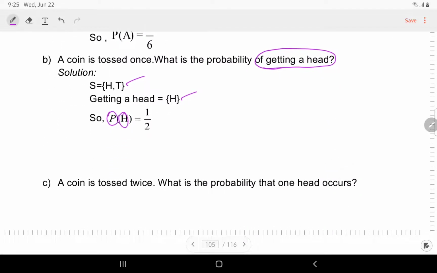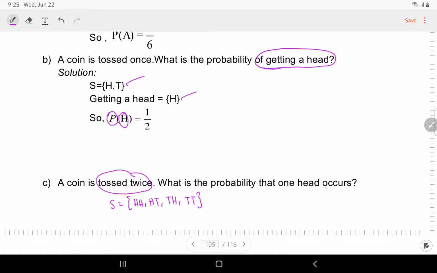Okay, next. A coin is tossed twice. So our sample space will be, kita baling coin tu 2 kali. So whether kali pertama kita dapat head, kali kedua dapat head, ataupun dapat head tail, ataupun dapat tail head, ataupun tail tail. So this is our sample space, which is kita ada 4 dekat sini.